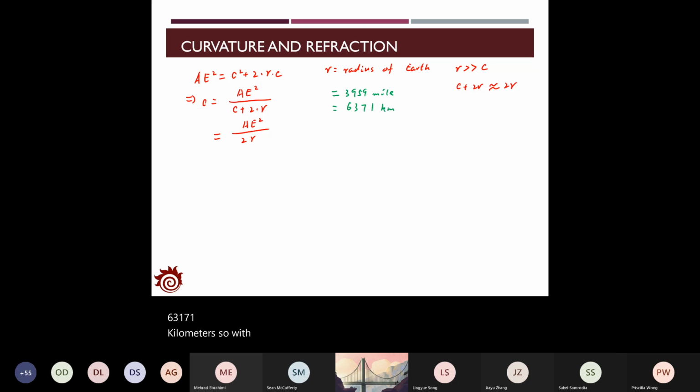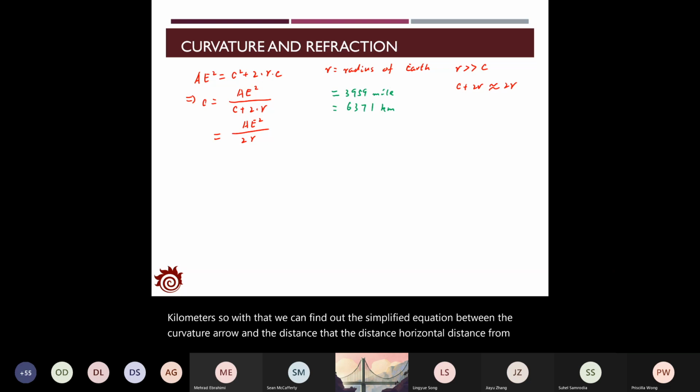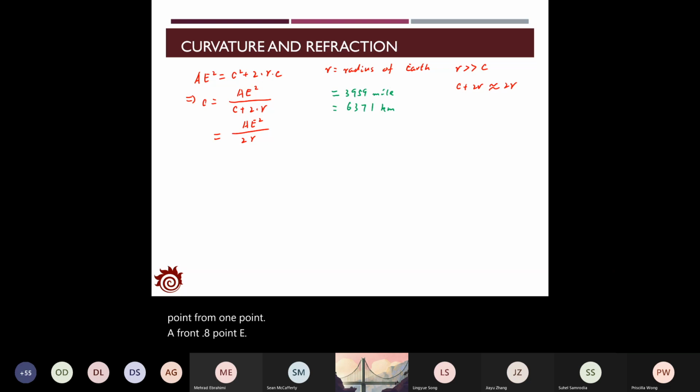With that, we can find the simplified equation between the curvature error and the horizontal distance from point A to point E. First, C will equal AE squared divided by 2 times 3959, if the distance is measured in miles.